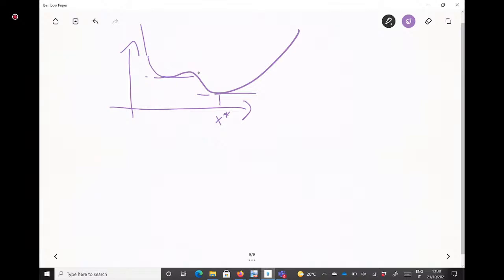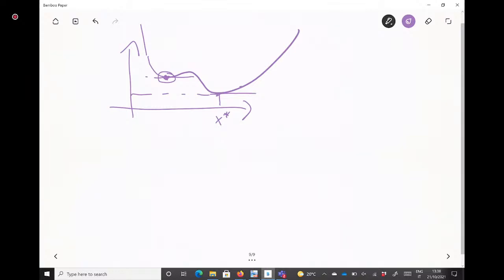Clear? This is a local minimum point, but not global, unfortunately. You can apply the same definition, but you don't have to say if I select any other point of the domain, because that's not true. If you select a point here, this doesn't hold. But you must say if I select other points of the domain that are close enough to our supposed minimum point, then that property holds.